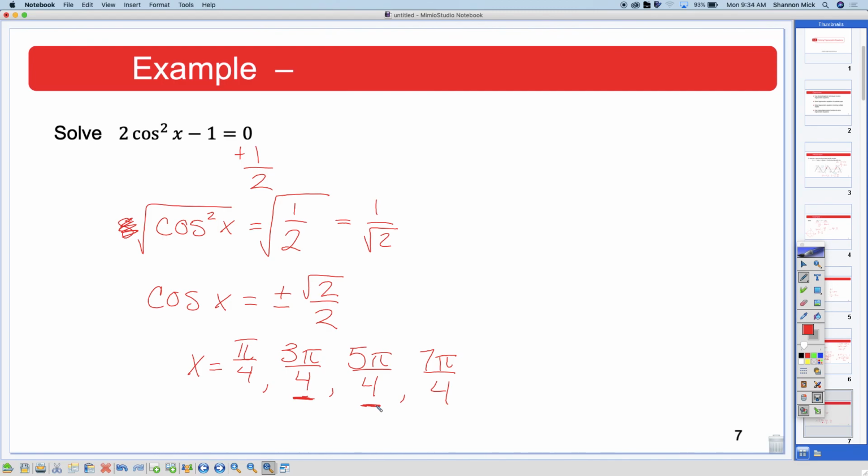The positive and negative is where it's going to mess you up sometimes. But once I square it, does it matter? No. Okay, so if I put it in there, so I have 2, and then I have the cosine of x, so it's square root of 2 over 2 squared, correct? Is it squared? So 2 times square root of 2 over 2 squared minus 1 should equal 0.